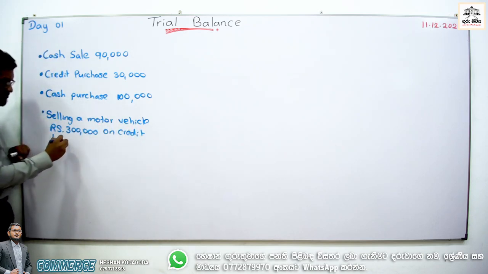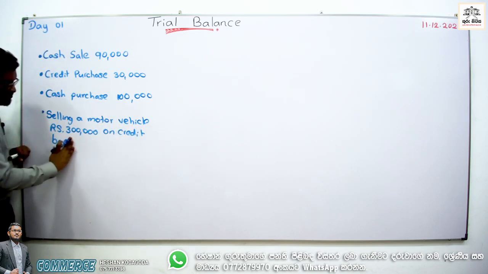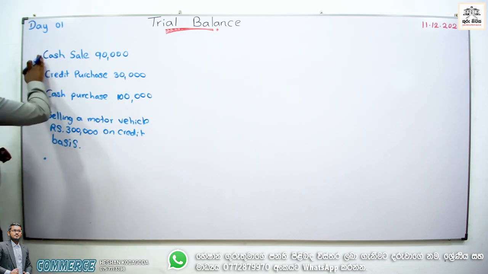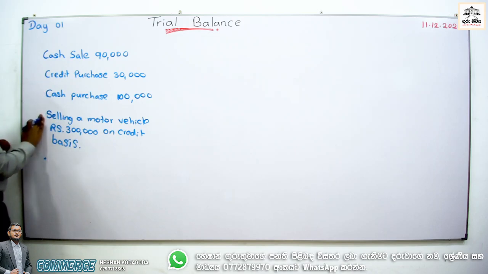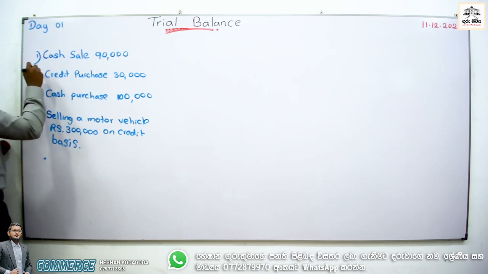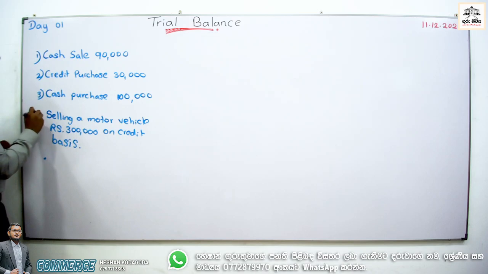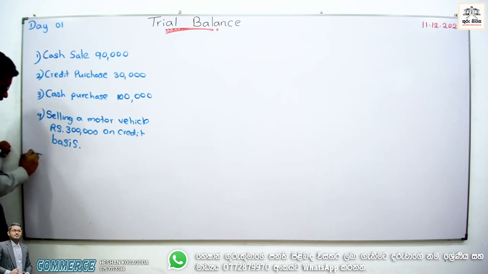Another one. So these are the transactions. Now how many transactions are there? 1, 2, 3, 4. Another one, 5.